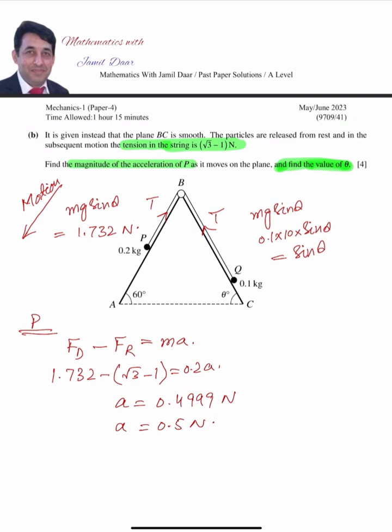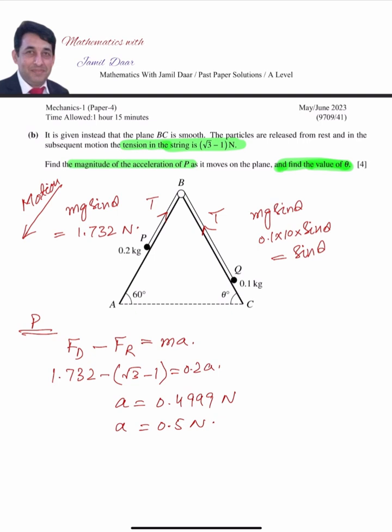Let me confirm again. 1.732 minus square root of 3 plus 1, divided by 0.2.